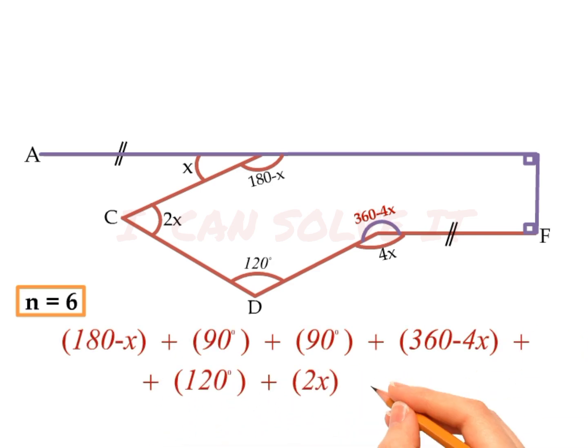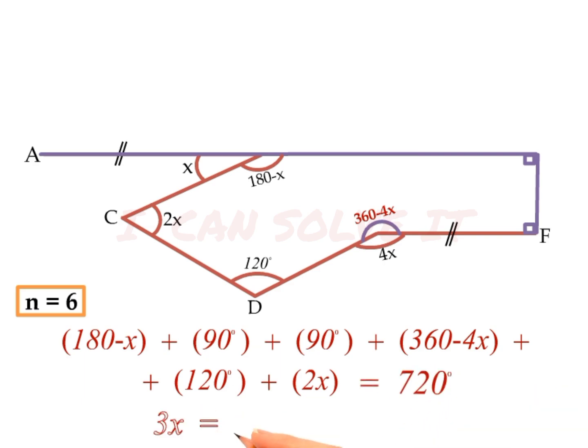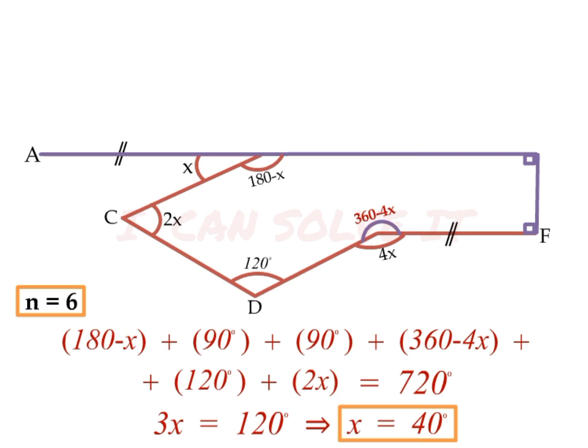We solve the resulting equation by collecting like terms and isolating x, from which we infer that x equals 40 degrees. This is of course the answer we got in the first instance.